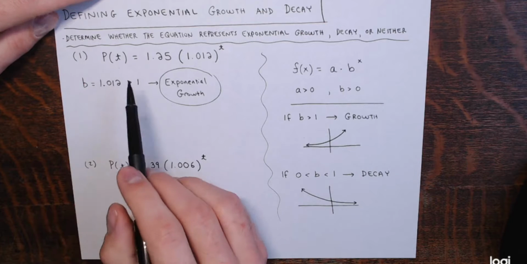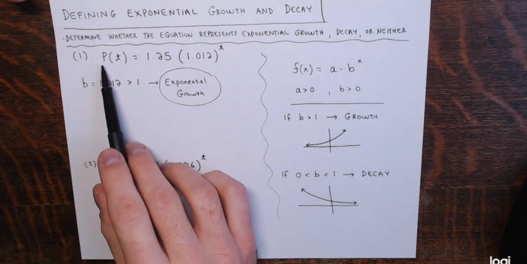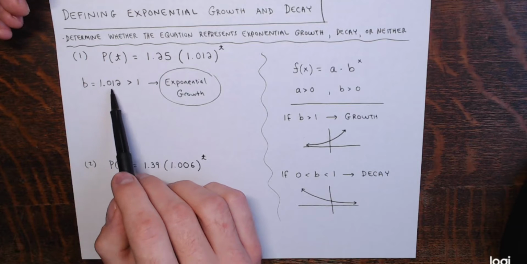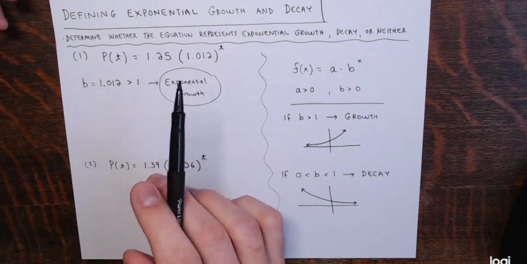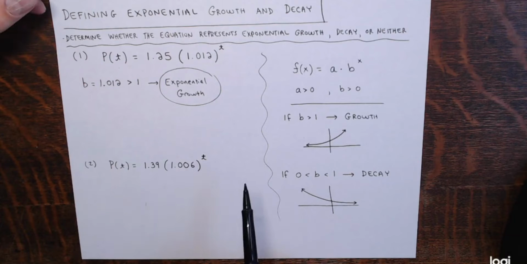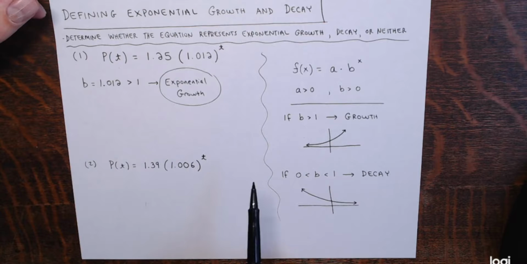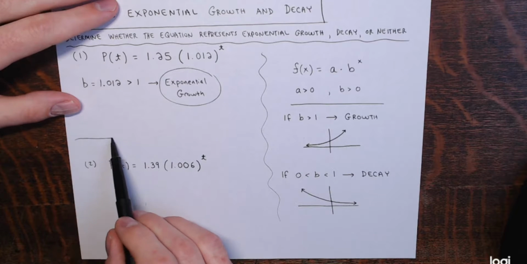So you could say that the value of p increases by 1.2% each year, or something like that, if t was time in years, but I'm not going to get into all that right now. Okay. Next example.